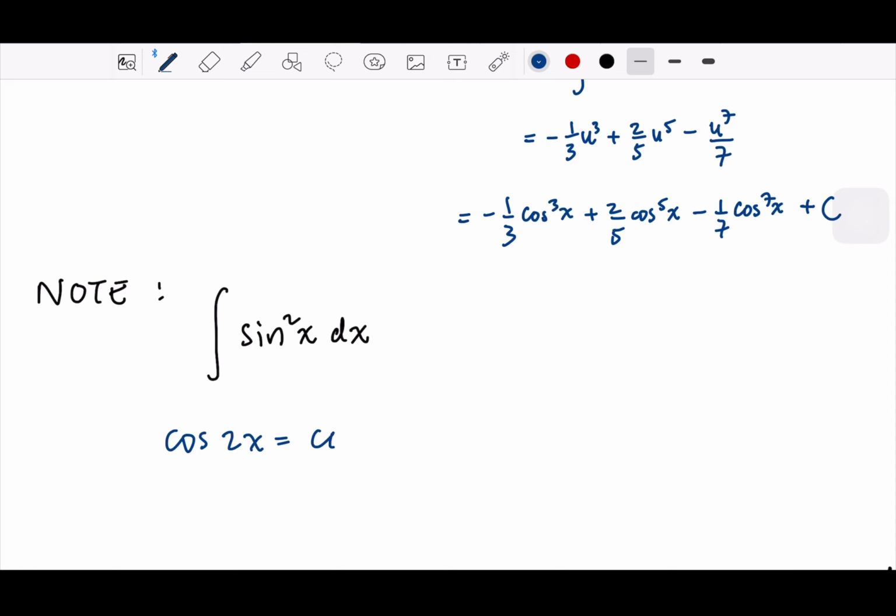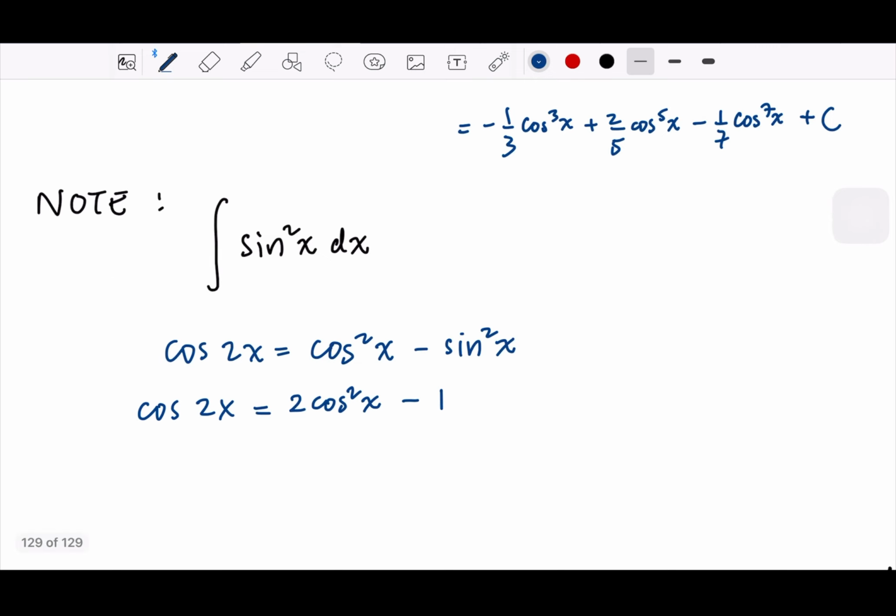if you remember that we have this double angle formula for cosine, right? And we can rewrite this in two different forms. The first form is 2 cosine squared x minus 1, and the other one is 1 minus 2 sine squared x.